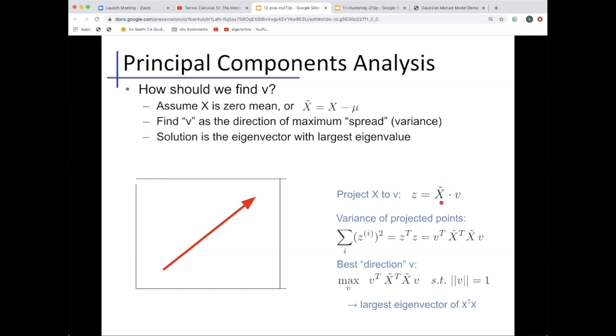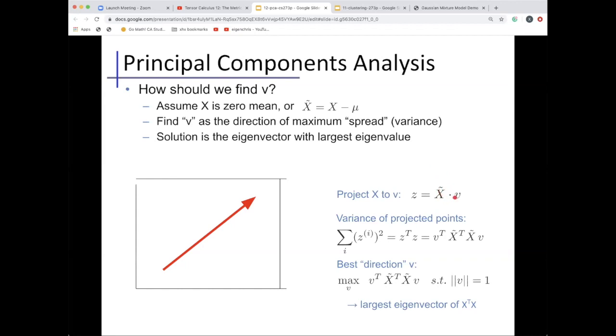Each row represents one sample, and each column represents different features. If we use N to represent the dimension of the feature space and M the number of samples, then X will be an M by N matrix. That is the data matrix we discussed previously.